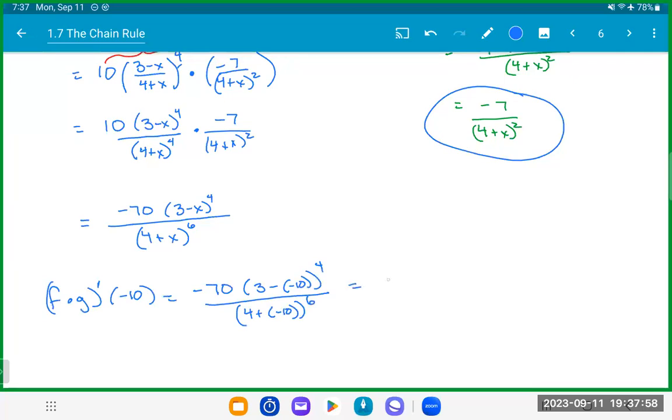That's going to simplify down to negative 70 times 13 to the fourth over negative 6 to the sixth power. We could get a decimal approximation of about negative 42.9. Okay, question.